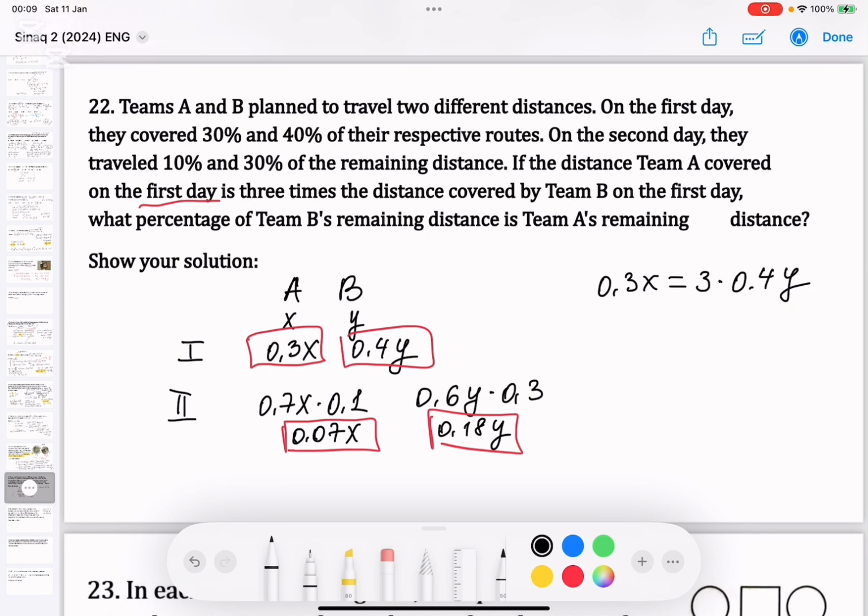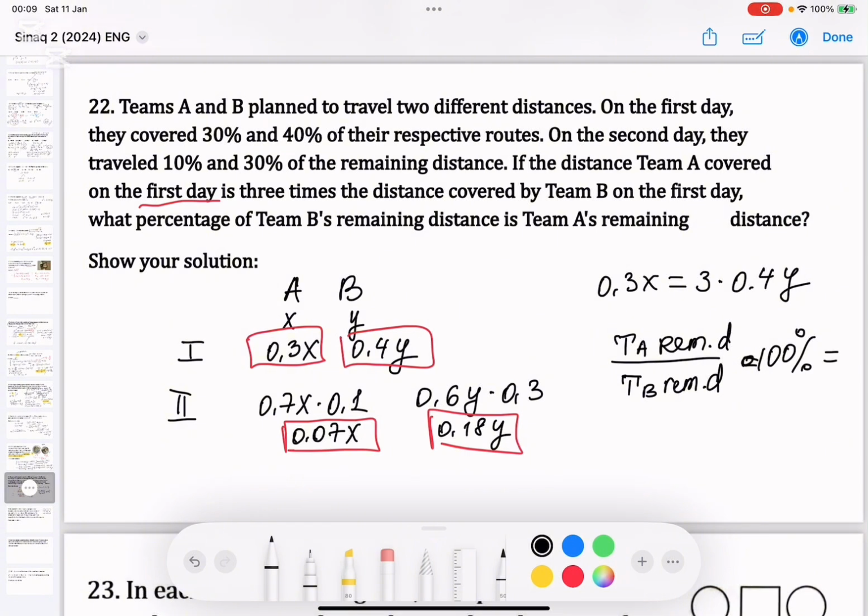We have to find what percentage of Team B's remaining distance is Team A's remaining distance, in percentages. This is what we have to find.